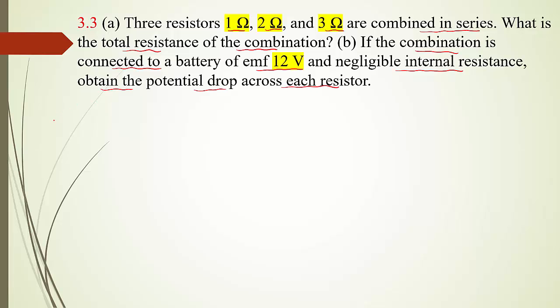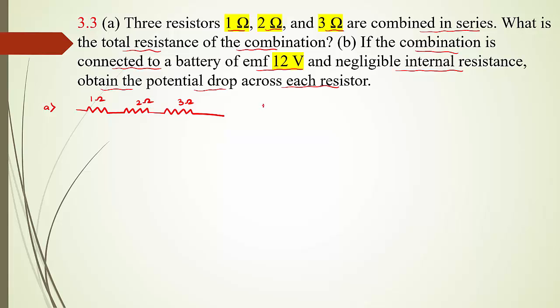See here, there are three resistors. You can observe the first question, A. We can consider three resistors. These three resistors are connected in series: 1 ohm, 2 ohm and 3 ohm. This is a series combination. What is the total resistance of the combination? We have to calculate.